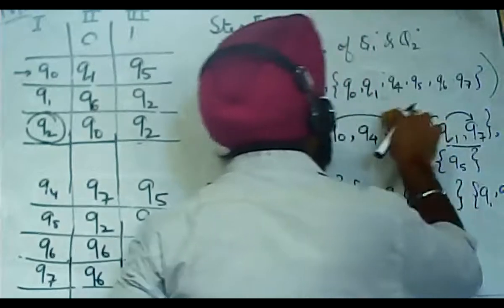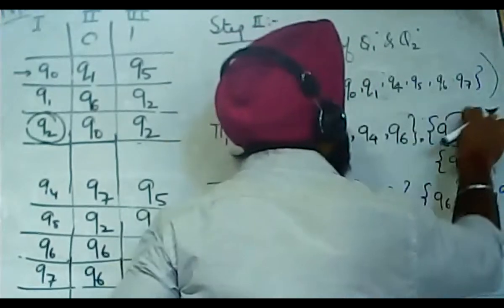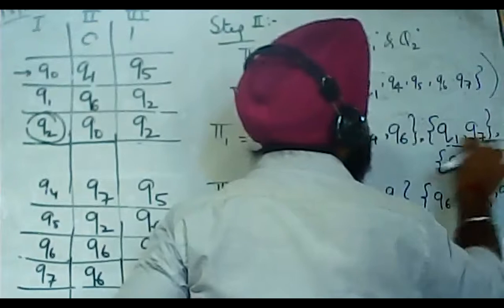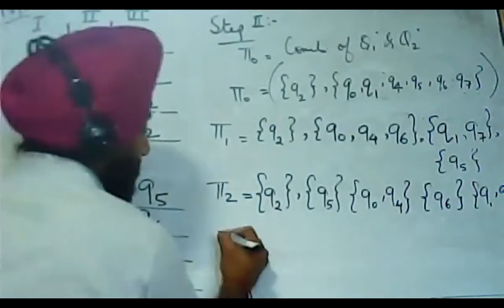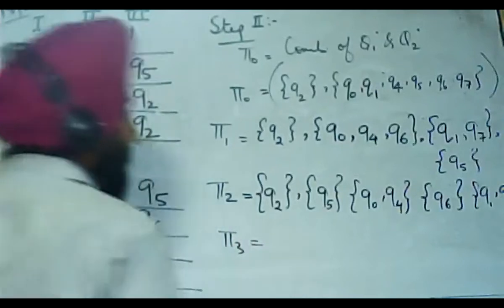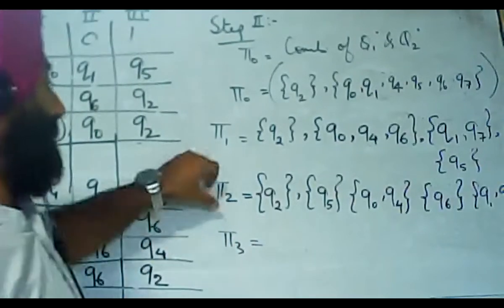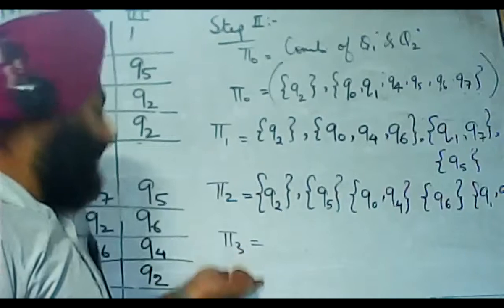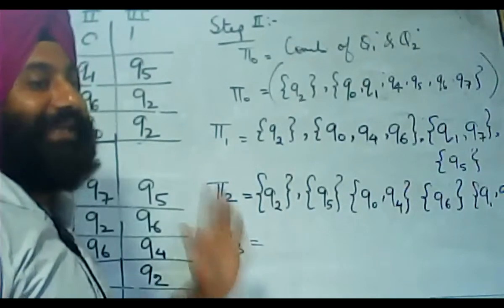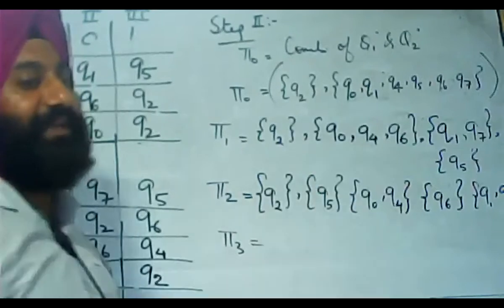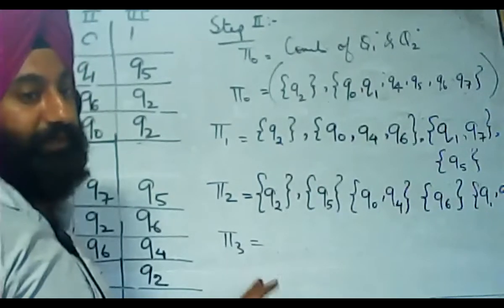So here again we have to construct the pi 3 because our values are not matching. You have to continue with this method until you will get pi n plus 1 equal. So right?